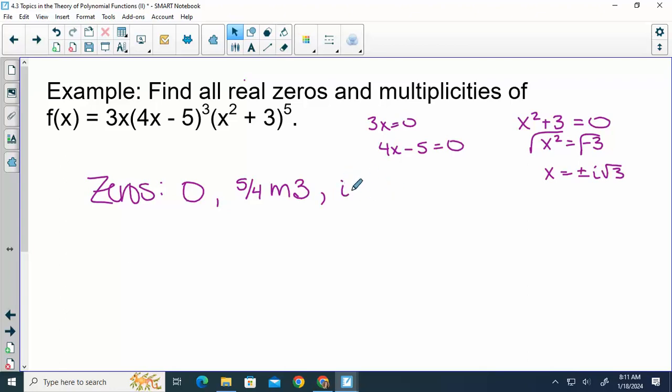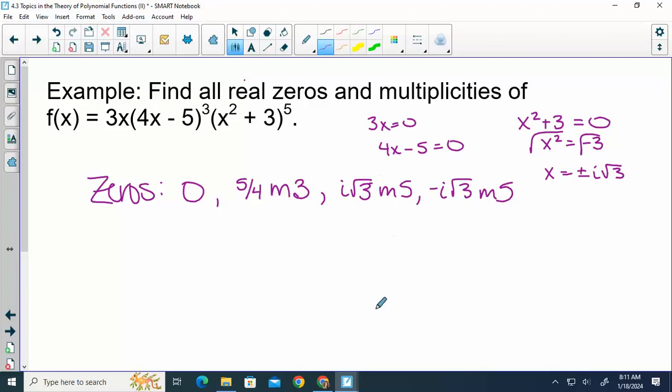You can also separate it. You can say i radical 3 multiplicity 5 and negative i radical 3 multiplicity 5. Or you can say plus and minus i radical 3 multiplicity 5. It does not matter if you put them together or separate it. Alright. So you know how to find zeros and multiplicities.